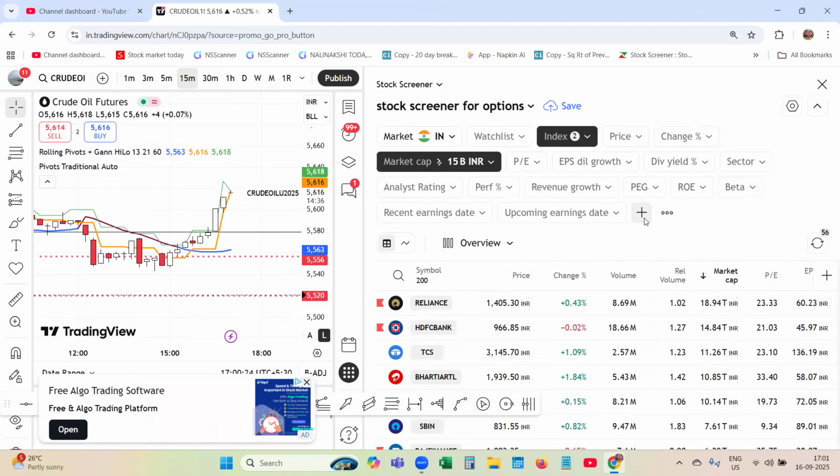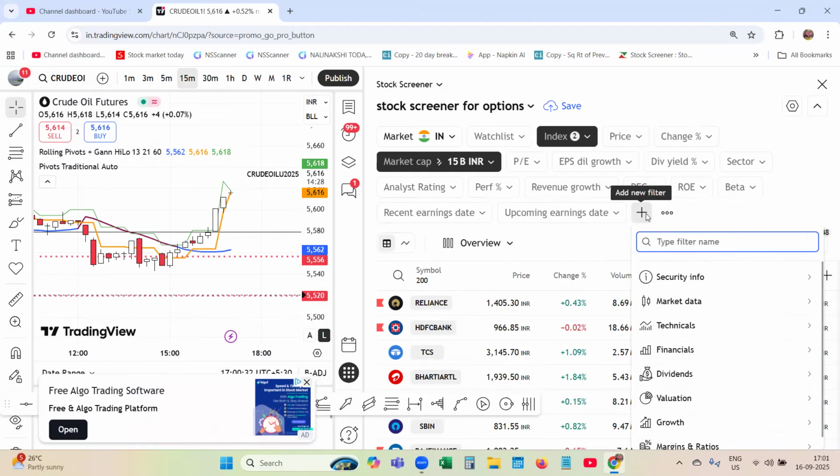Next, I'm going to add the filters. They are all very simple filters. I've clicked on the plus symbol, add new filter.